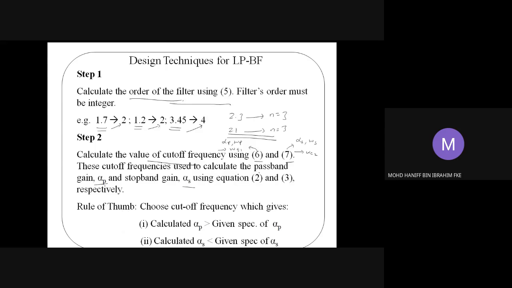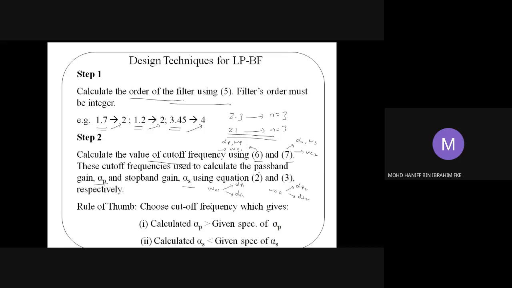If I sketch something here: from omega c1, we get alpha p1 and alpha s1, whereas for omega c2, we get alpha p2 and alpha s2. So we have two pairs of alpha p and alpha s.